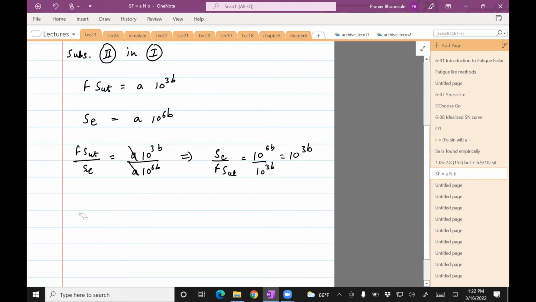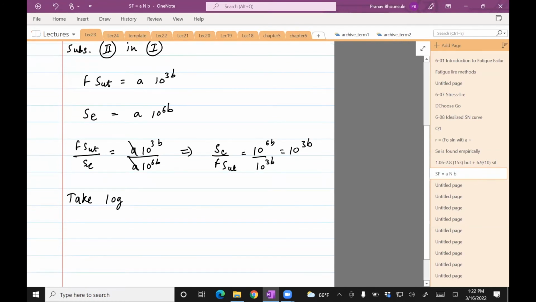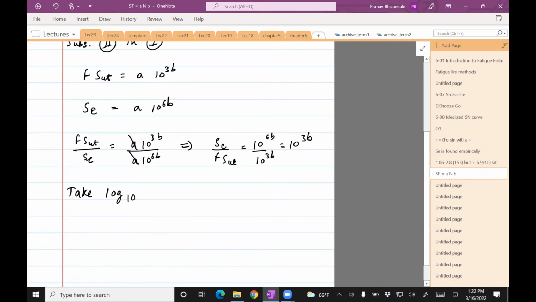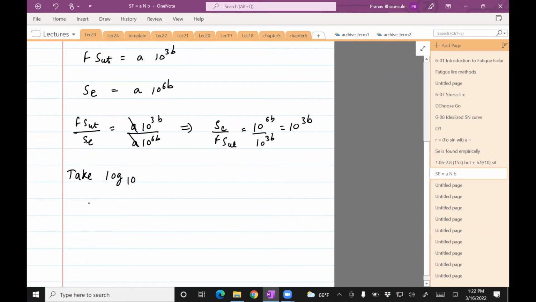Okay, so take logs. We'll take log to the base 10, and that's just because there's a 10 raised to 3B on the right side. So log 10 of the ratio equals 3B.